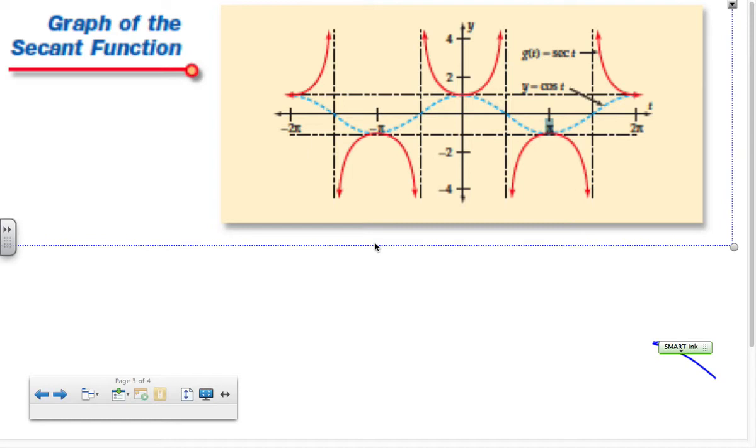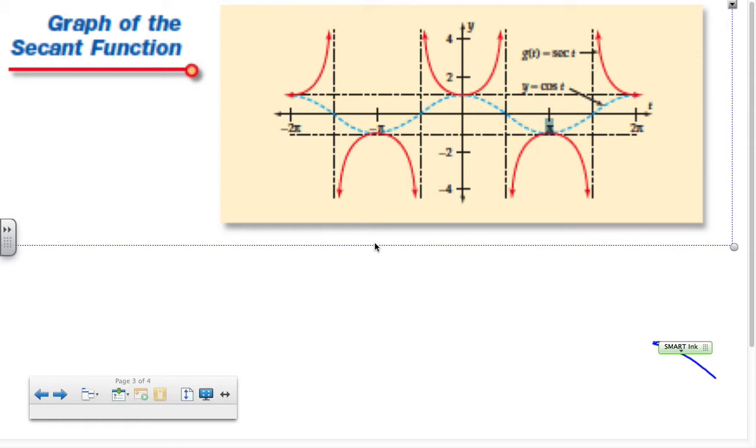So you'll notice the asymptotes there. This looks really, really similar to the cosecant function. So the one thing that's going to be important is that you identify which one it is, whether it's cosecant or secant, and you identify that by the asymptotes. The asymptotes of a secant function are going to go through the pi over 2's. The asymptotes of a cosecant function are going to go through the pi's. All right, and that's about it.